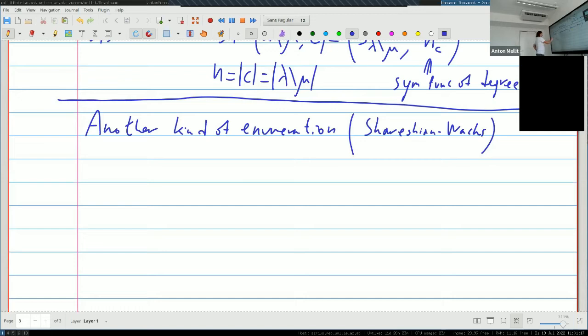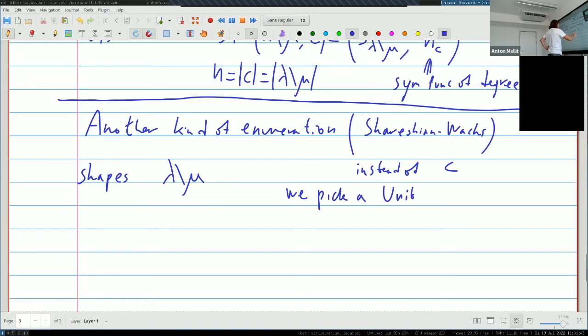As follows. On this side, we still have the same shapes, but we use a different thing on the right side. Instead of C, we pick something called a unit interval order.